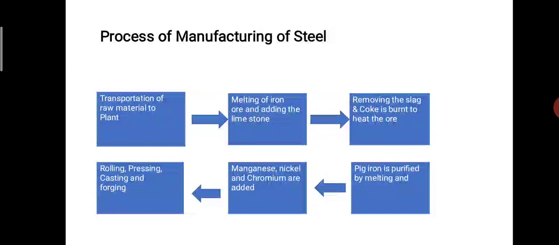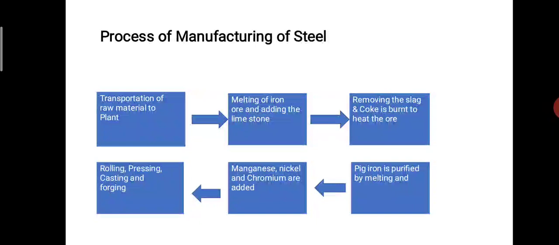Transportation of raw material to plant. Plant means that particular manufacturing plant. Second process, melting of iron or iron ore and adding the limestone. That is how the steel is manufactured.